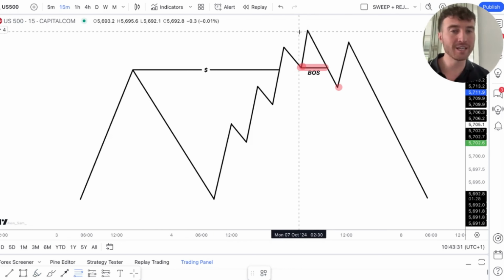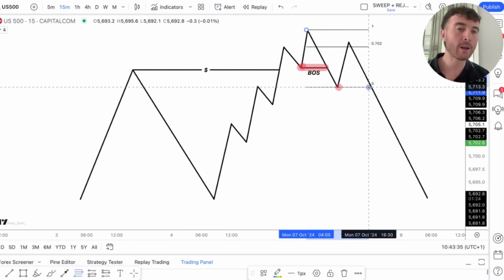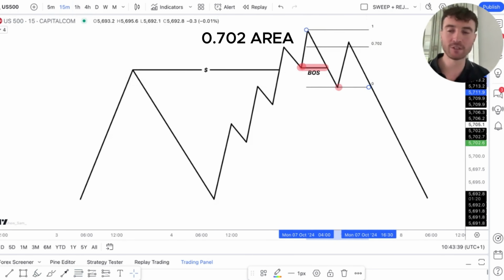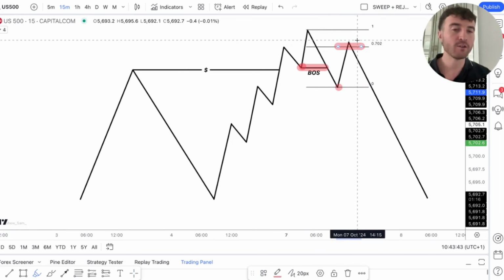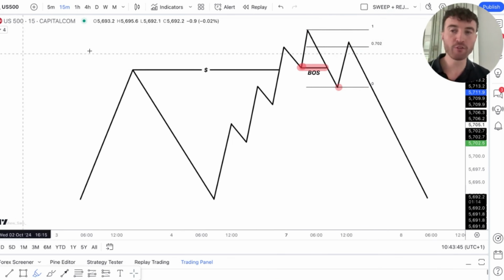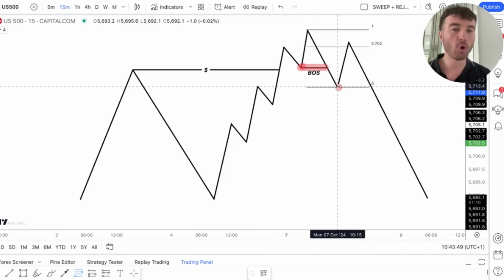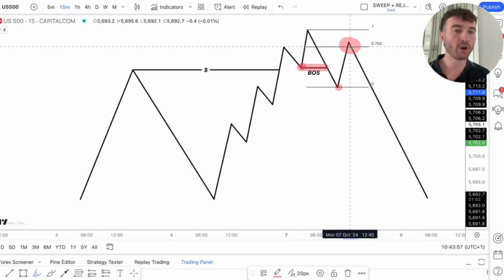The OTE is simply a pullback into around the 0.702 area on our Fibonacci. If we draw that from our swing high to swing low, all we're looking for is a pullback into around this area, and this is our optimal trade entry.